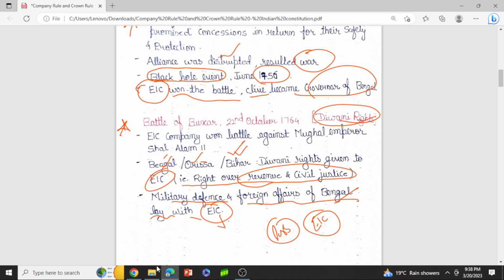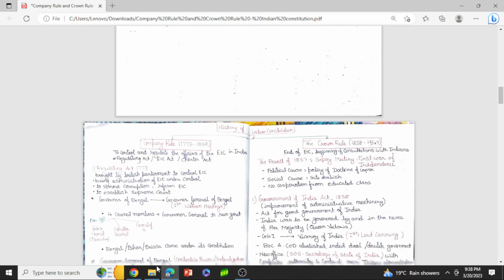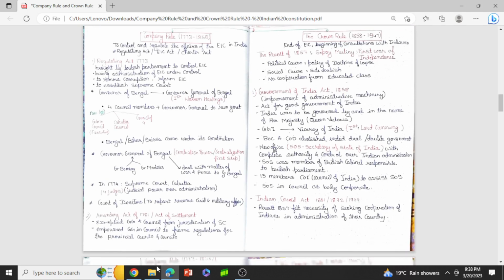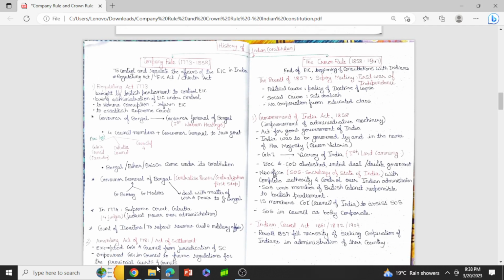They became bankrupt and were not able to administer themselves. So as a result, the East India Company went to the British and asked for help. So the Indian Constitution has its originality from the British administration.